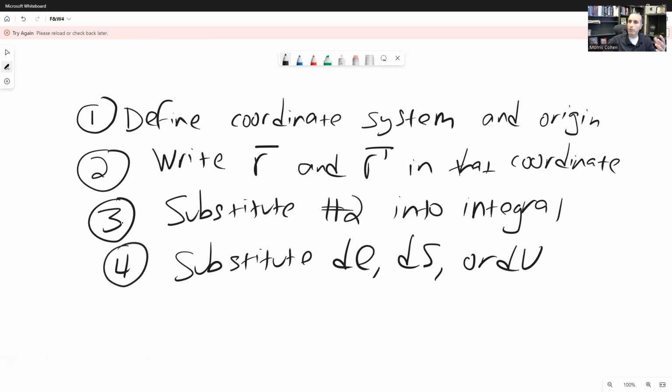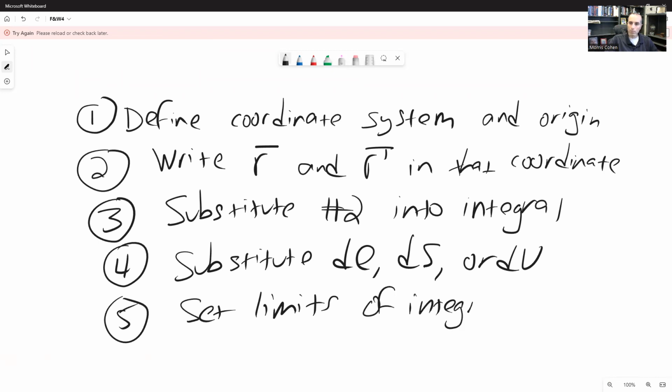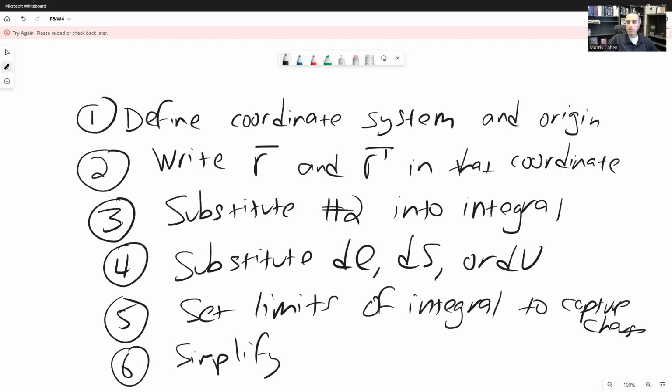And if you're integrating over a surface, what type of surface is it? Is it a surface that's kind of along the shell of a cylinder, or is it a slice that's inside a cylinder? Number 5, you have to set the limits accordingly to capture the entire space over which your charge exists. So this is going to capture the charge. And then you want to simplify it as much as you can.